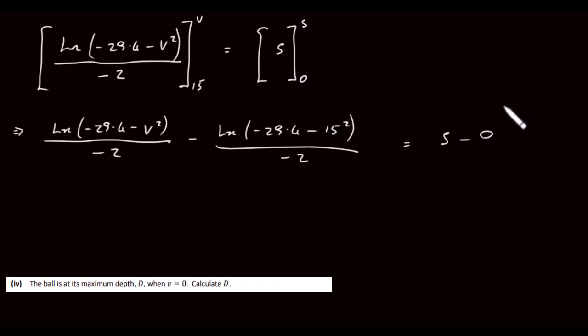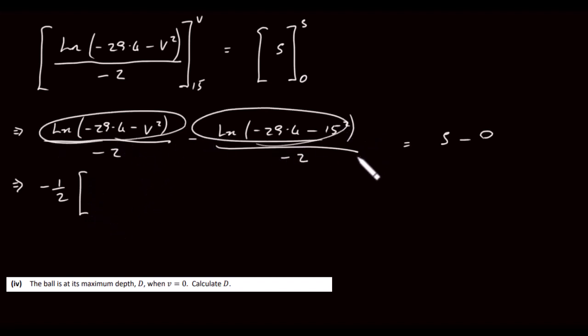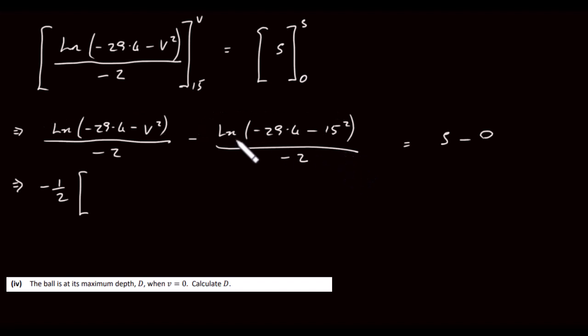Okay, so next thing I'm going to do is take out this minus 2 here. I'm just going to factorize that out, minus a half. So inside the bracket then, I'll be left with this and this, and they're going to be subtracted.